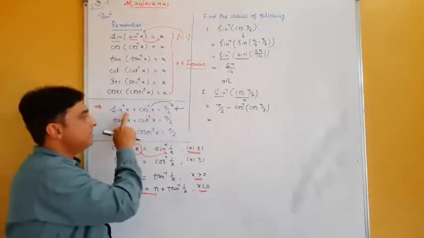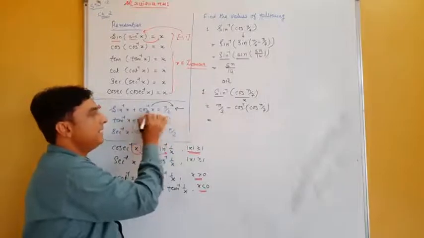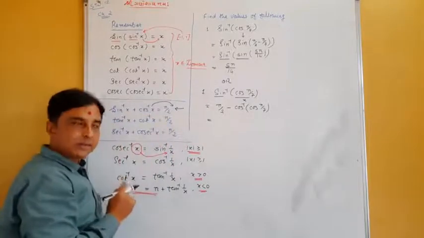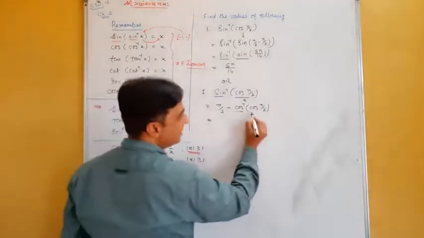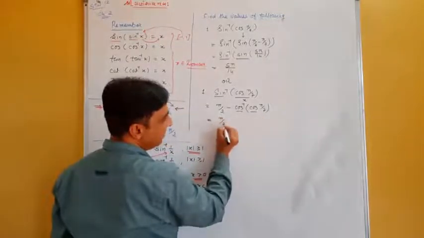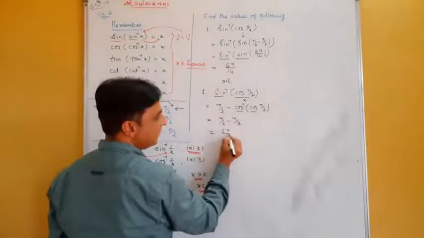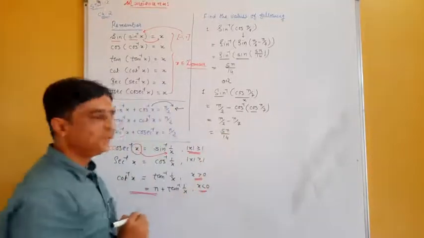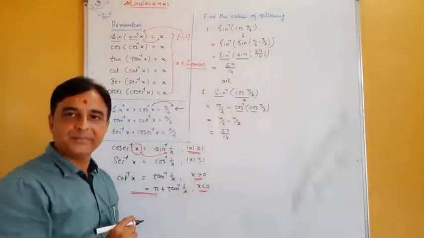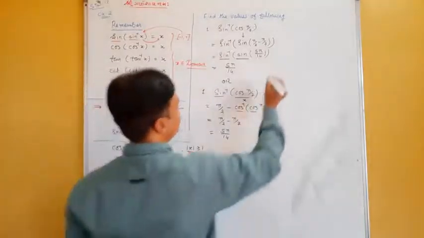That means sin inverse x equal to pi by 2 minus cos inverse x. So sin inverse, this is our x, equal to pi by 2 minus cos inverse cos pi by 7. Now cos inverse and cos cancel. Pi by 2 minus pi by 7 will be 5 pi by 14. Got it?